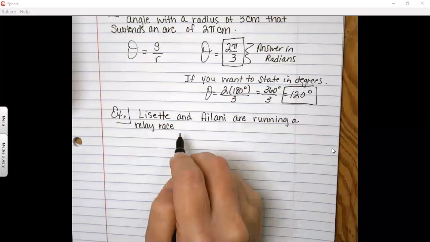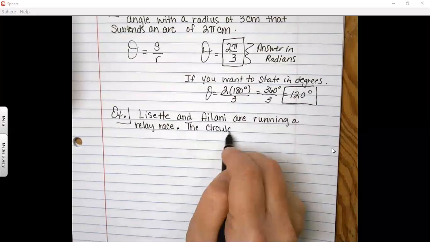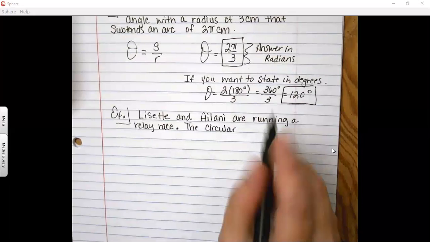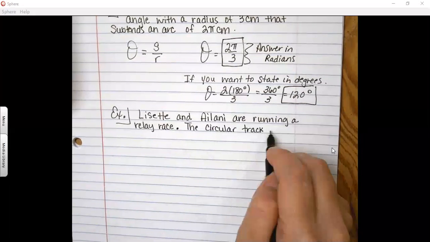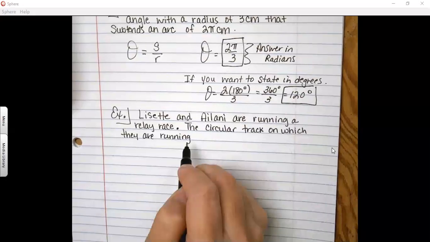Now y'all know tracks aren't usually circles, they're more of an oval, right? But in this case, it's a circular track. What's a diameter?